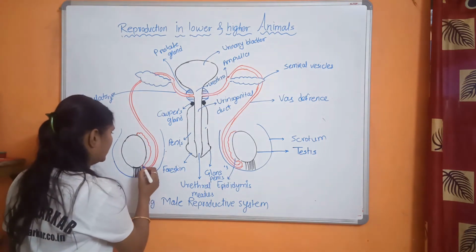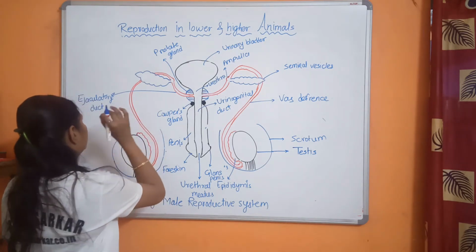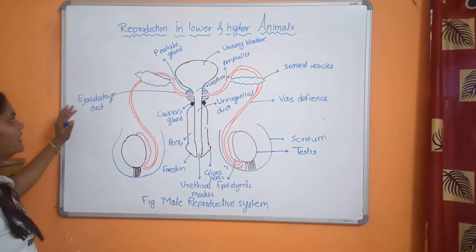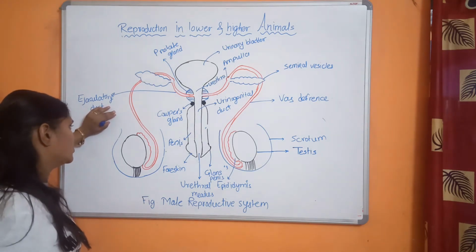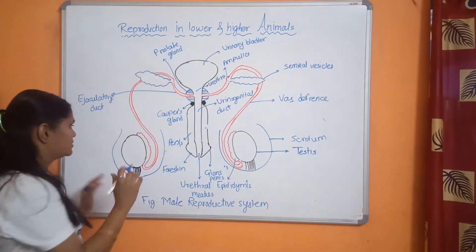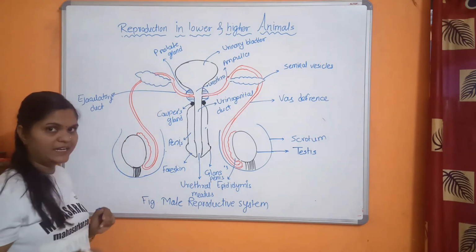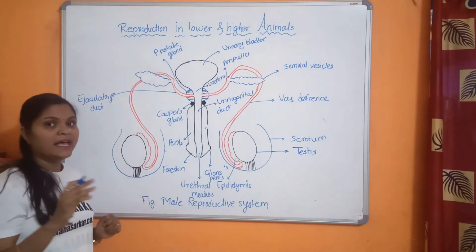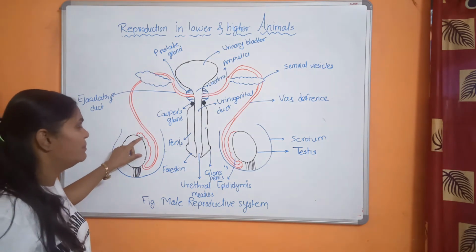And from this a tube is extended, and that tube is called the vas deferens. From the seminiferous tubules the sperms are carried to the rete testis, then the vas efferens, and from the vas efferens they are transferred towards the epididymis.